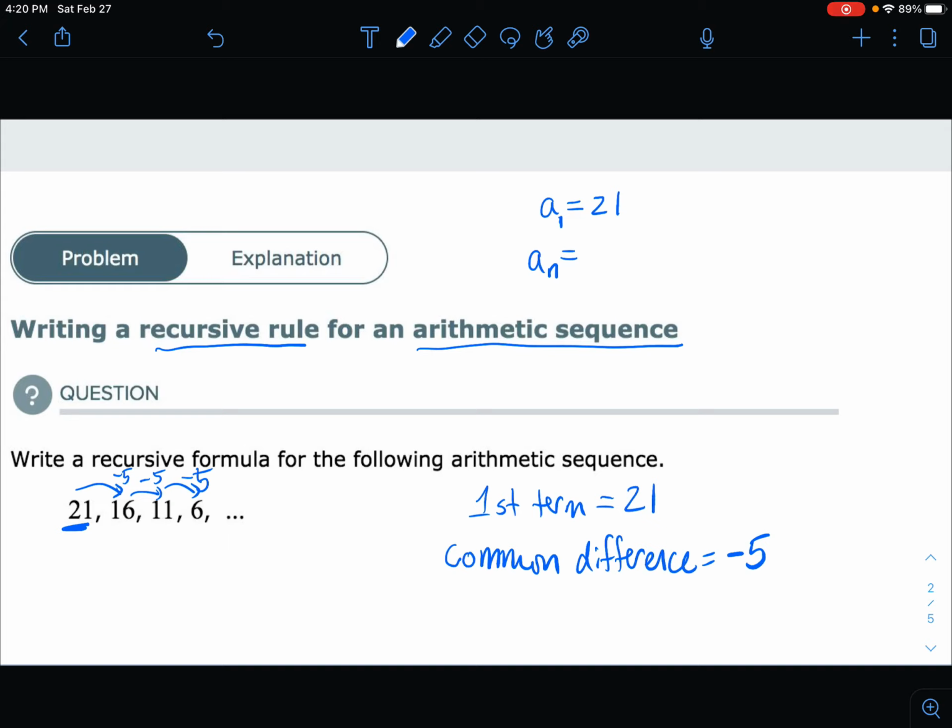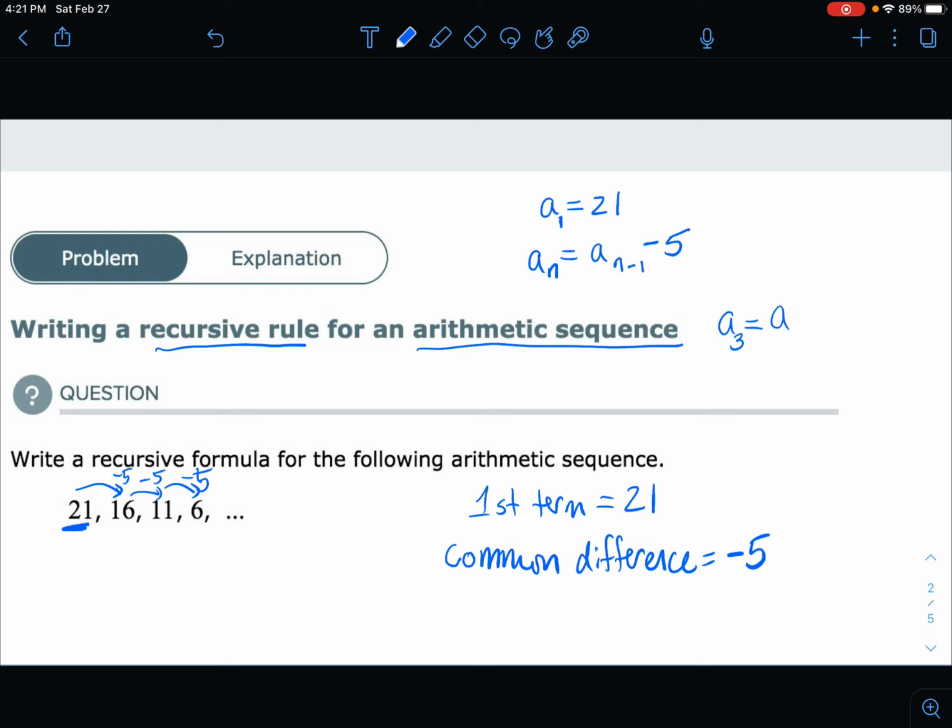So let's say if we wanted to get this nth term, we'd say, okay, well, take the term before it and subtract 5. Let's see if this works. Let's say I want the third term. That's a sub 3.